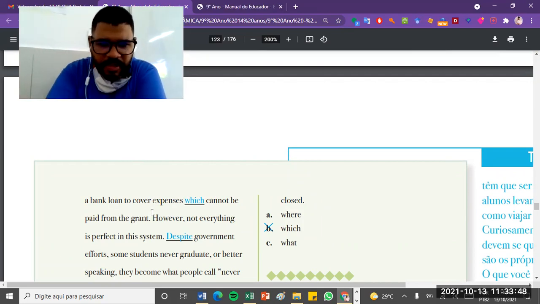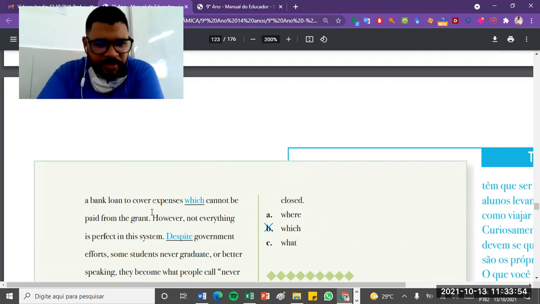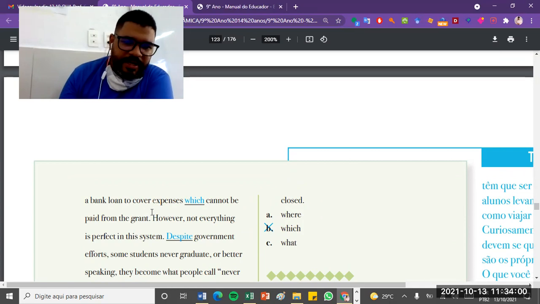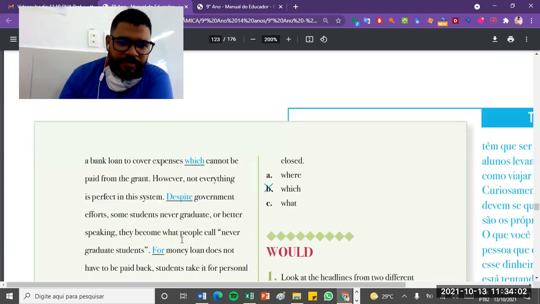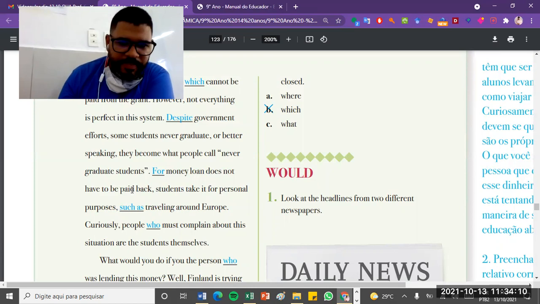However, not everything is perfect in this system. Despite government effort, some students never graduate, or better speaking, they become what people call never graduate students. For money, the loan does not have to be paid back.